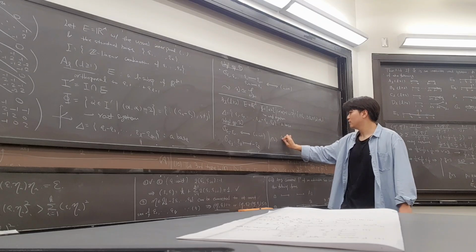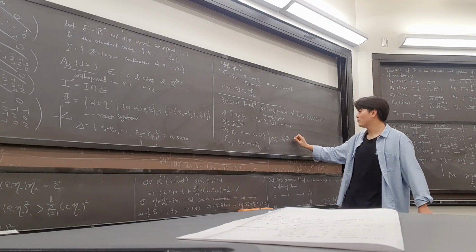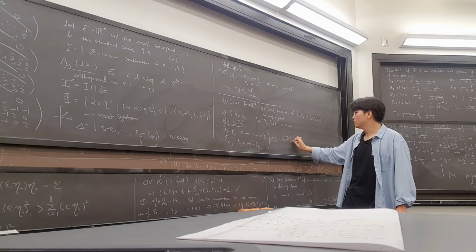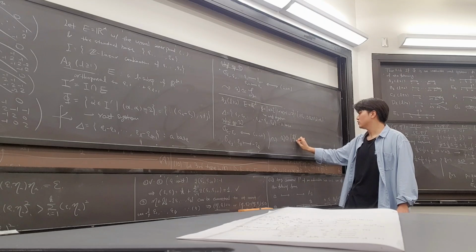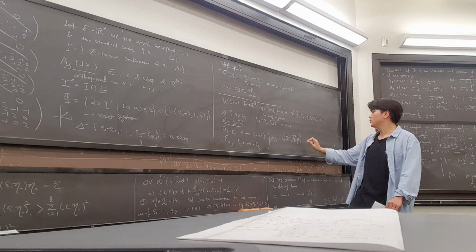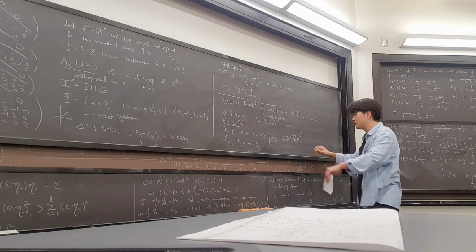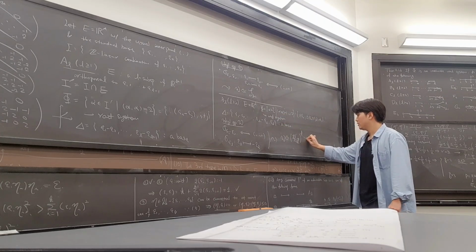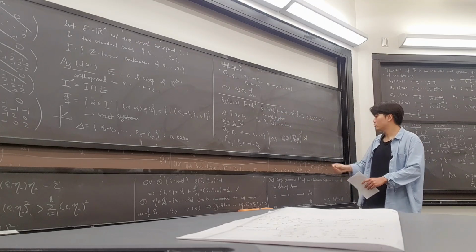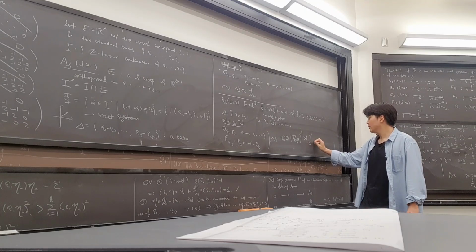That implies that the Weyl group is isomorphic to the sign changes, Z over 2Z to the l, because there are l elements in Delta, semi-direct product S_l.